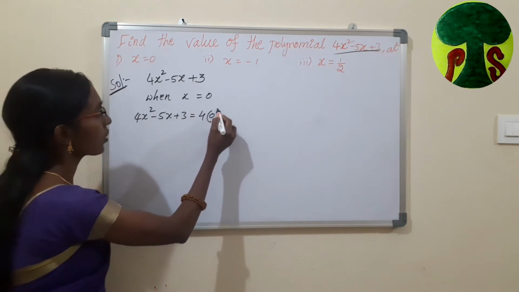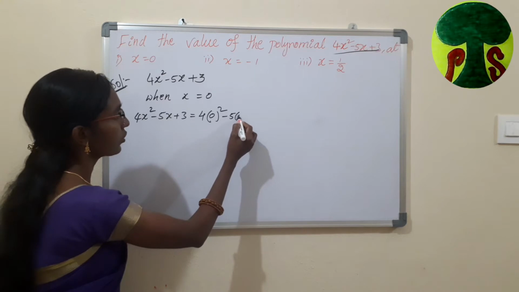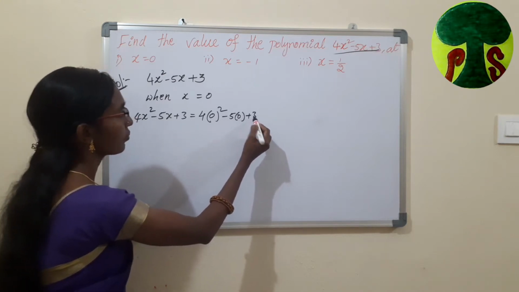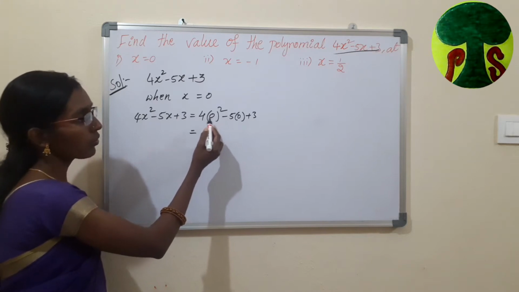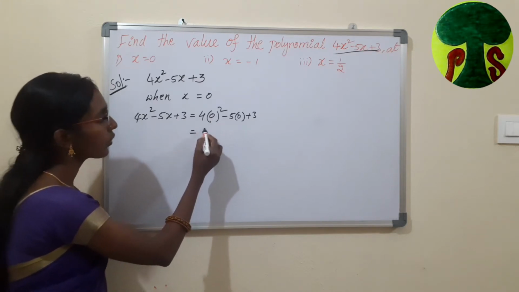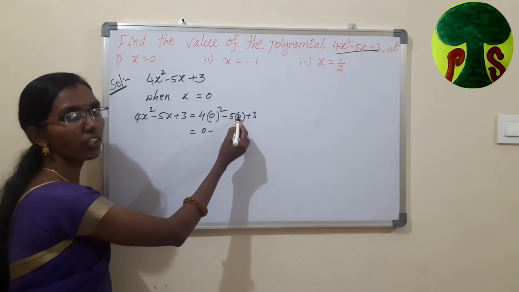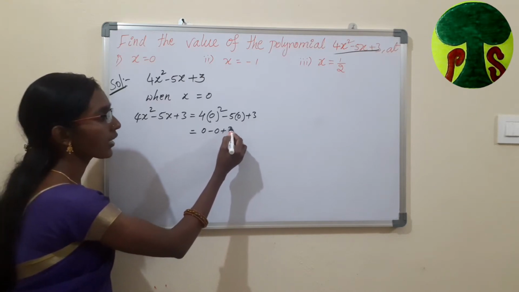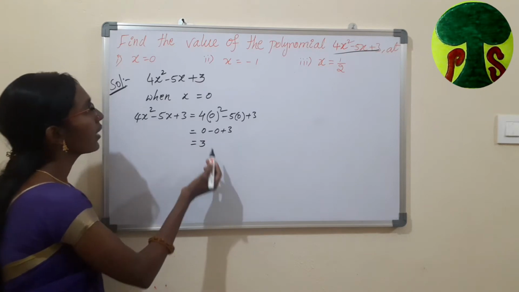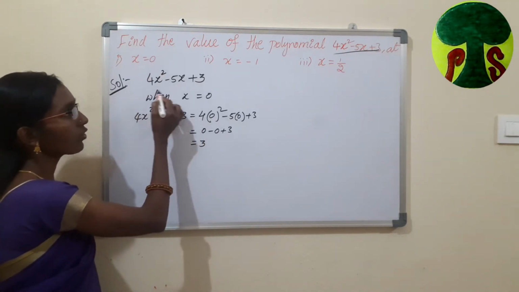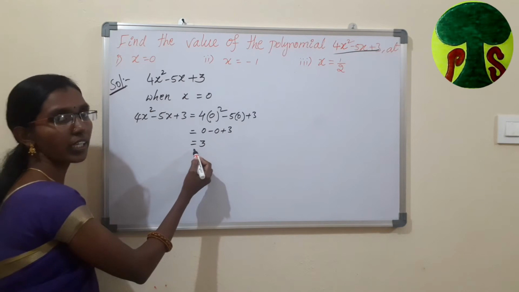So 0 whole square minus 5 into 0 plus 3, which equals, 0 square is nothing but 0. 4 into 0 is 0 minus 5 into 0 is 0 plus 3, which equals 3. When x equals 0, the value of the given polynomial is 3.